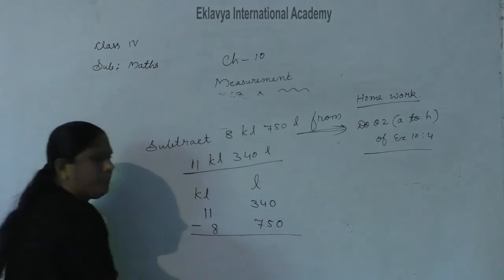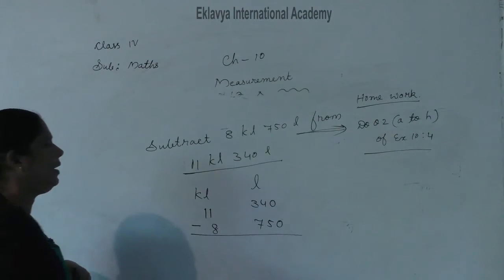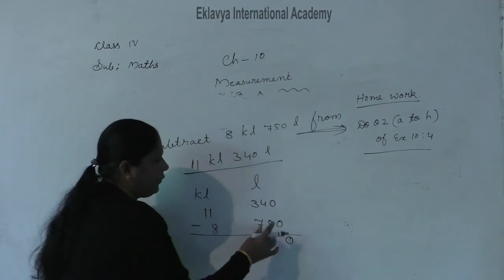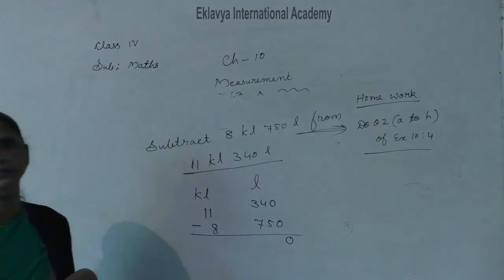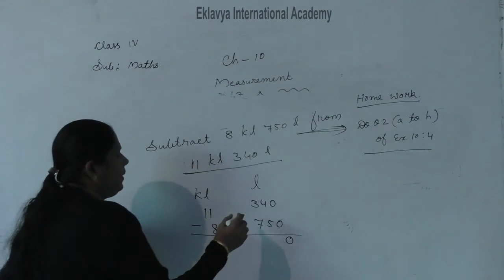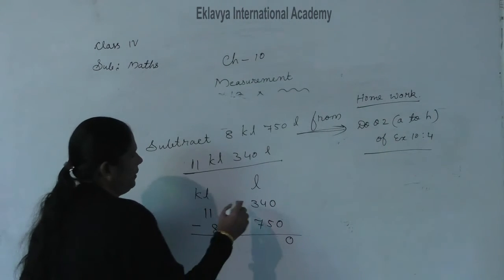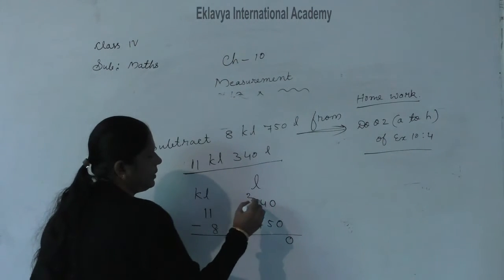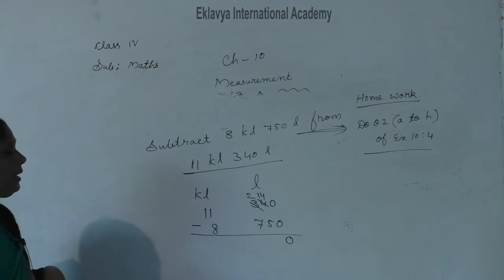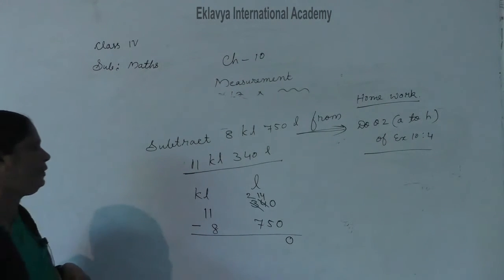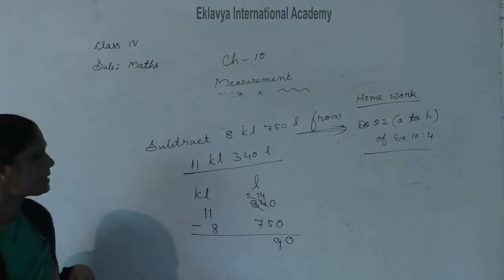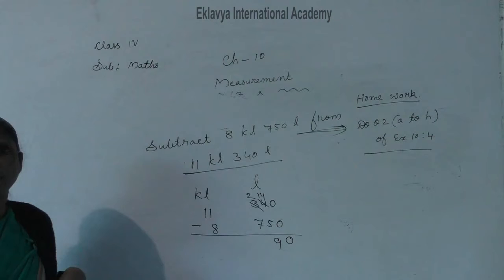Now you subtract this. Now 0 take away from 0, 0, 5 take away from 4. This is possible? No. You take the borrowing, this cut 2, this cut 14. Now 5 take away from 14, you get 9. Next 7 take away from 2, this is possible?